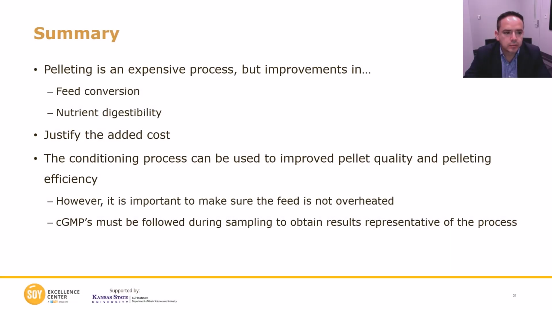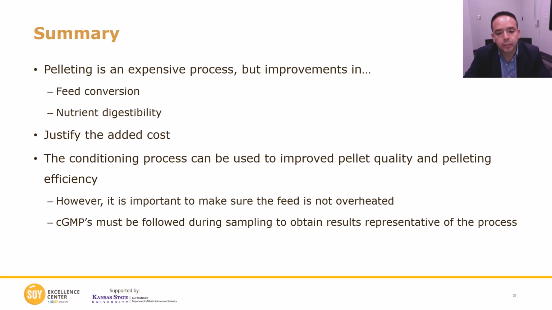So as the summary of this first part, remember, pelleting is an expensive process, but improvements in feed conversion and nutrient digestibility compensate the added cost of the pelleting process. And the conditioning process can be used to improve pellet quality and pelleting efficiency.